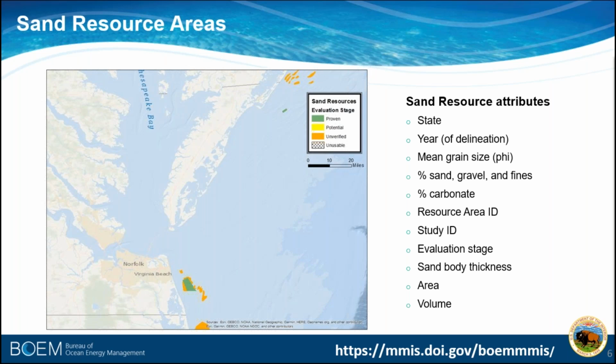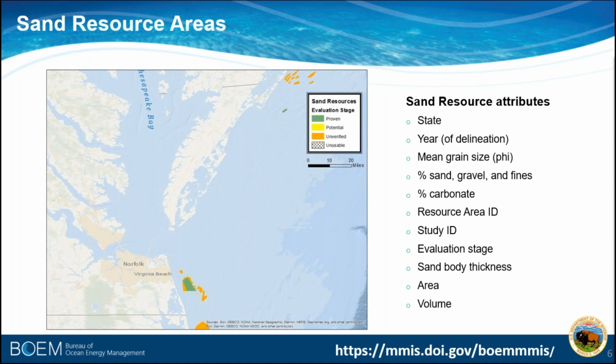The sand resources attributes are also a useful tool for BOEM as well as the stakeholders to be able to locate sand and sediment offshore that would be suitable for restoration projects. It's not just a matter of being able to go offshore and say, oh, we need 1.5 million cubic yards of sand for our beach.